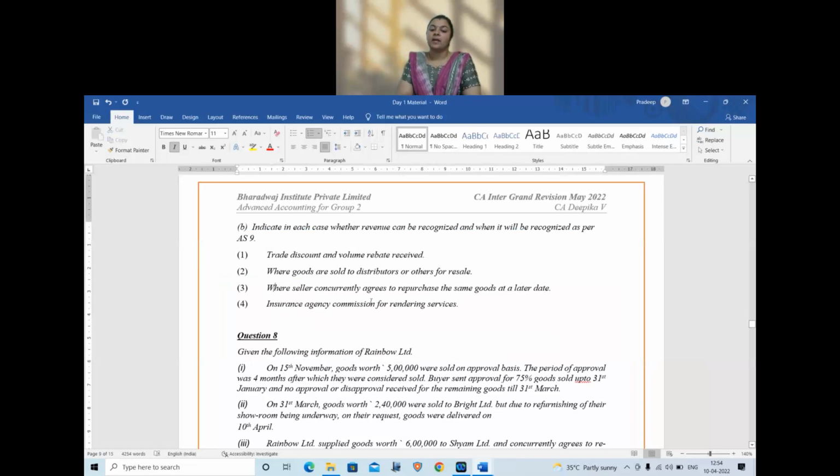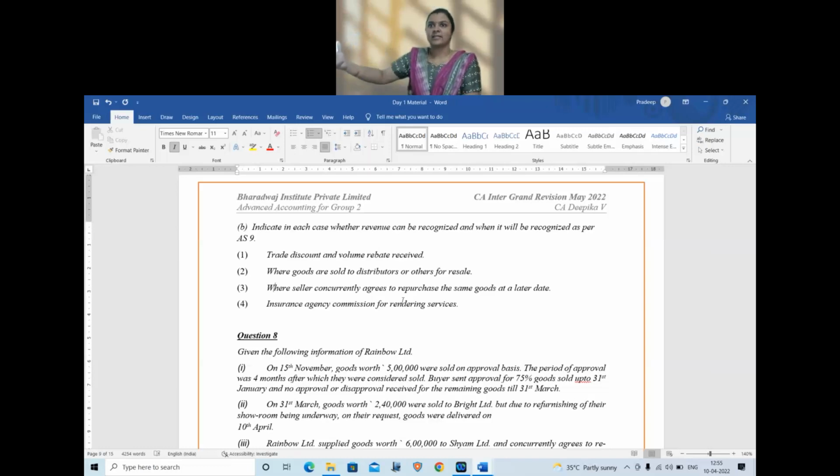Next. When the seller concurrently agrees to repurchase the goods at a later date. So today the seller says that I will sell it to you and I will take it back from you after 1 month. I will purchase it from you at this cost after 1 month.